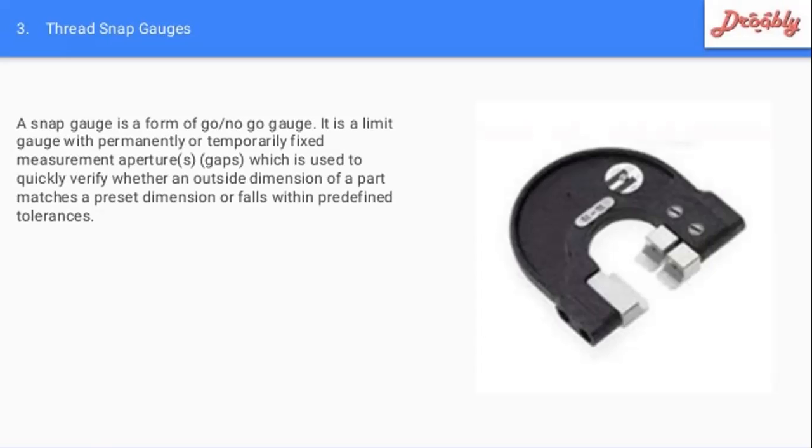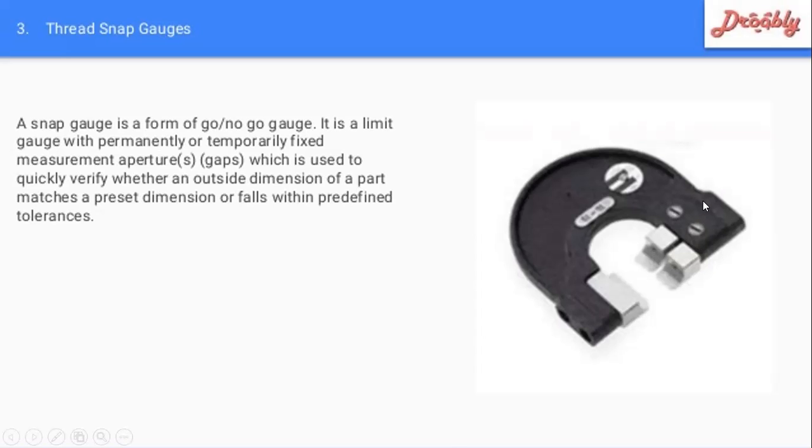And this is used to quickly verify whether an outside dimension of a part matches a preset dimension or falls within the predefined tolerances. So this has to occur within the predefined tolerances. In the snap gauge, you can see the two gauges. This is the go gauge and the no go gauge.